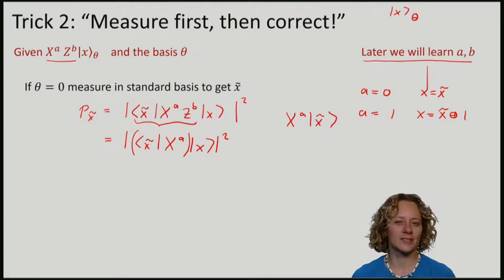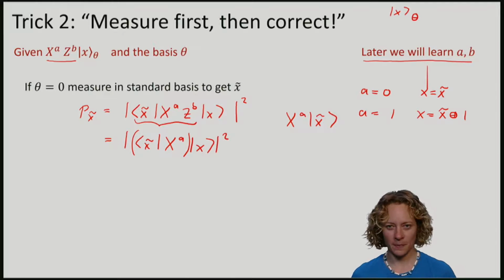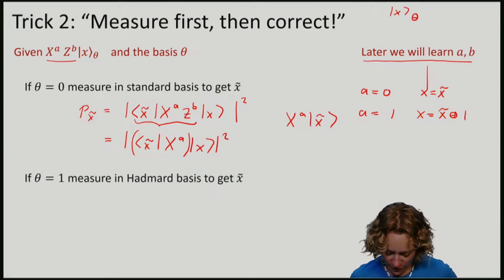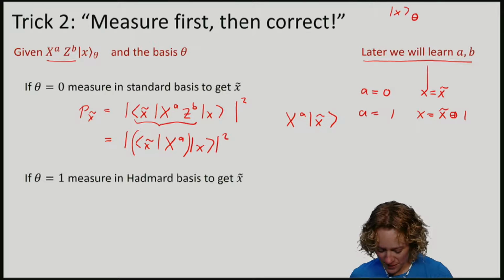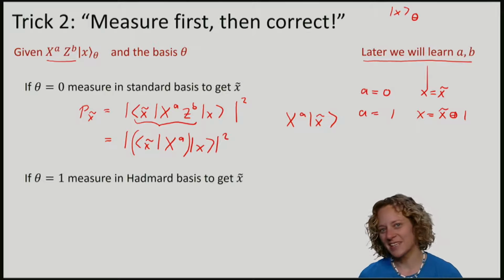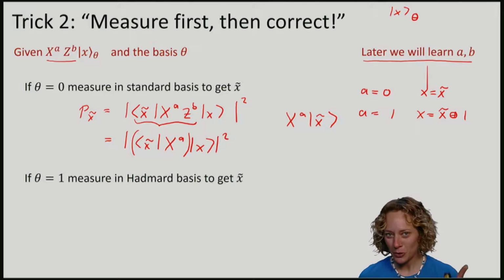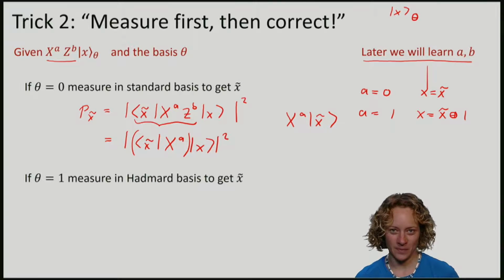So Wenda can definitely compute x. If theta is 1, she measures in the Hadamard basis. And the nice thing about this trick is that it works for both the standard and the Hadamard basis.